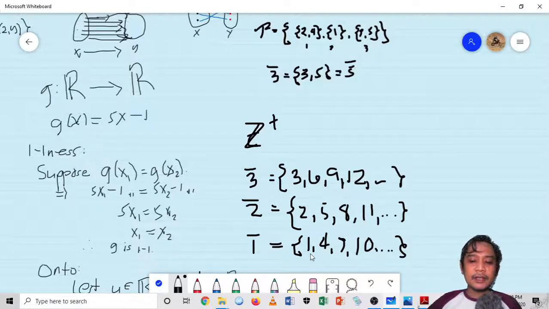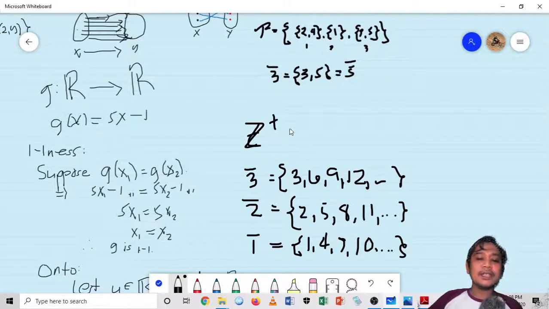So notice that all elements in Z plus have been accounted for. Diba? You have here 1, 2, 3, 4, 5, 6, 7, 8, 9, 10, 11, 12. So 13 would be here, 14, 15, 16, and so on.